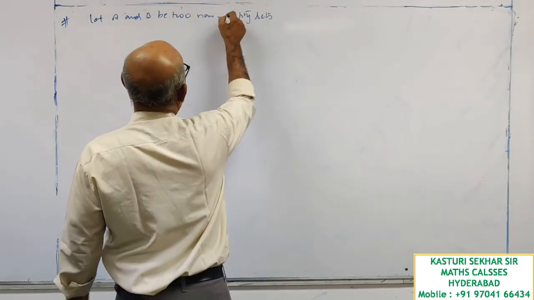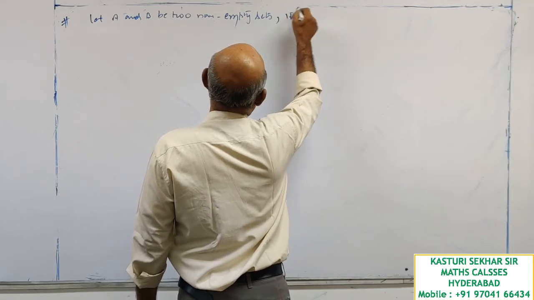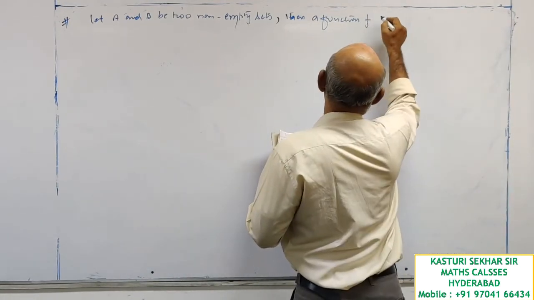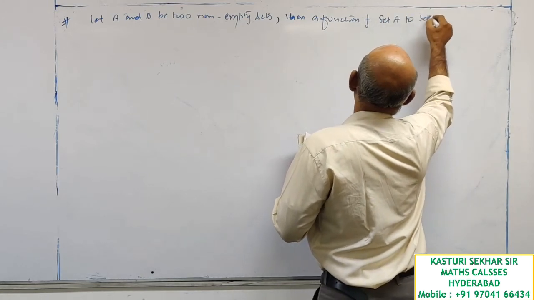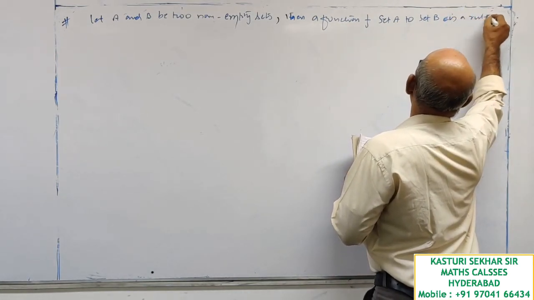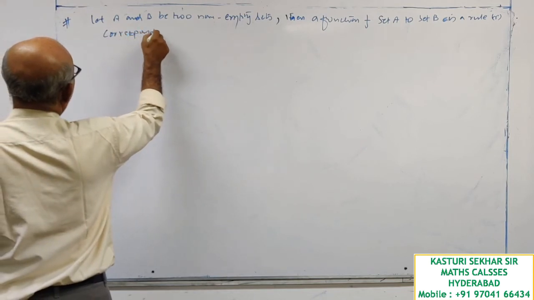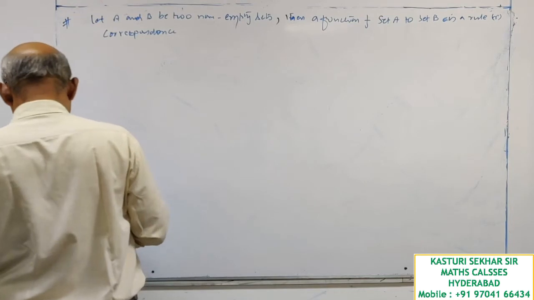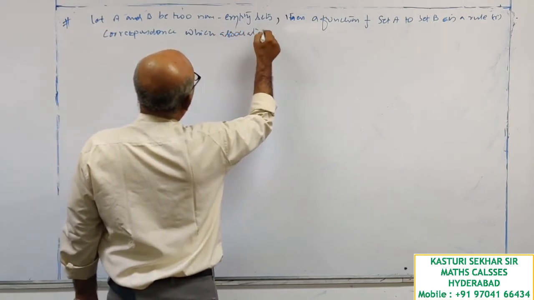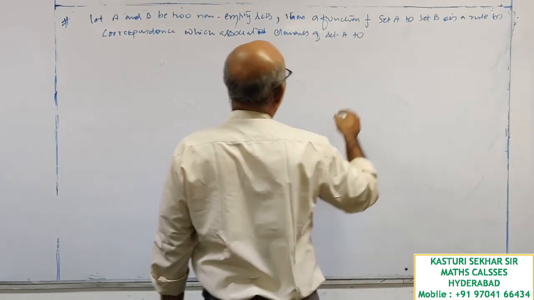Then a function f from set A to set B is a rule or correspondence which associates elements of set A to elements of set B.